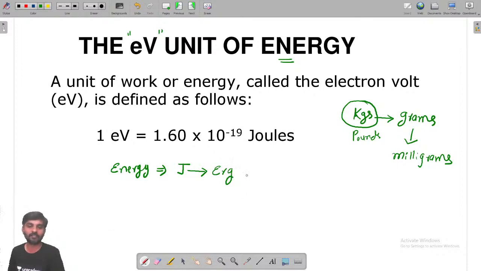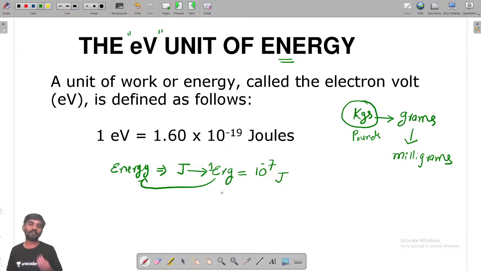What is erg, sir? 1 erg is equal to 10 to the power of minus 7 joules. Erg is also a unit for energy only.